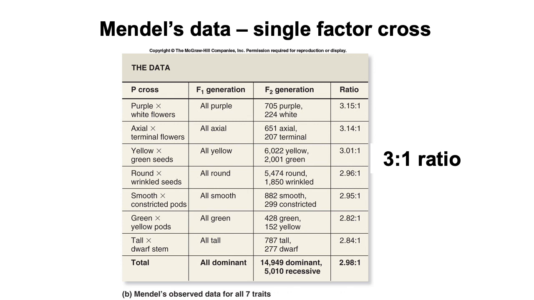And what you notice in that far column that says ratio is that in nearly every case, well, in all the cases shown here, the ratio was roughly a 3-to-1 ratio of the dominant trait, which is the one that he saw in the F1. That's how we define what the dominant trait was. It's whatever trait you see in the F1s. And that the dominant trait was present in a ratio of 3-to-1 in the F2. And so these were the data that Mendel gathered by doing a number of these crosses.